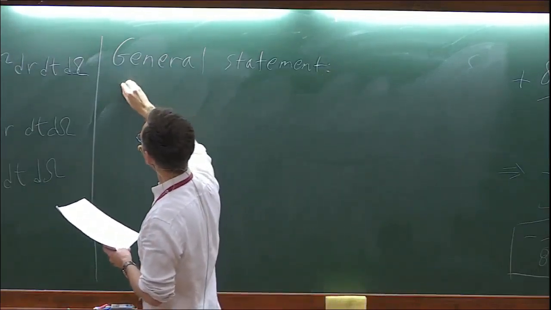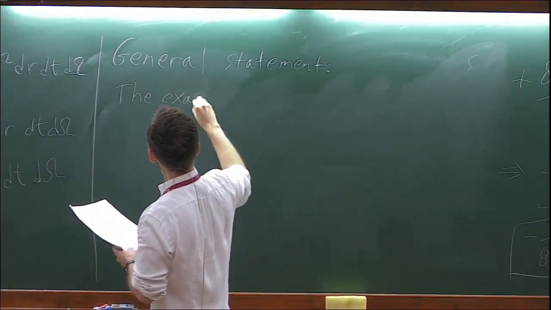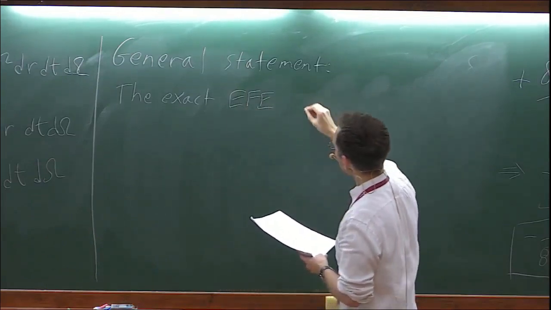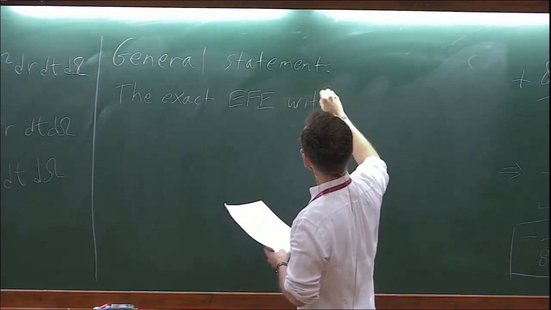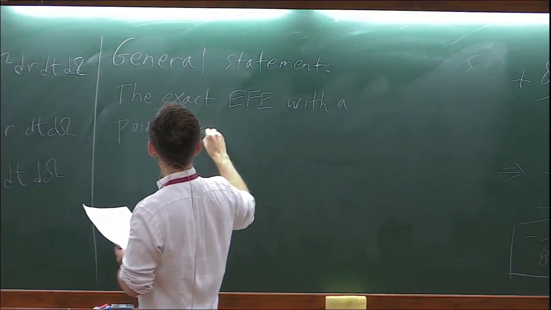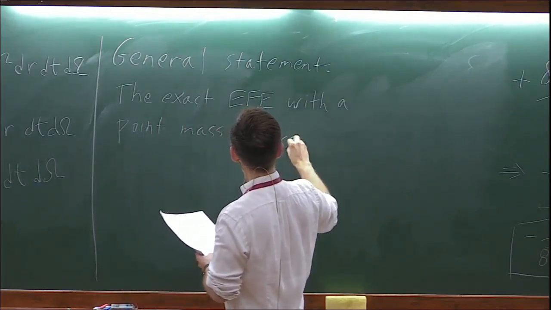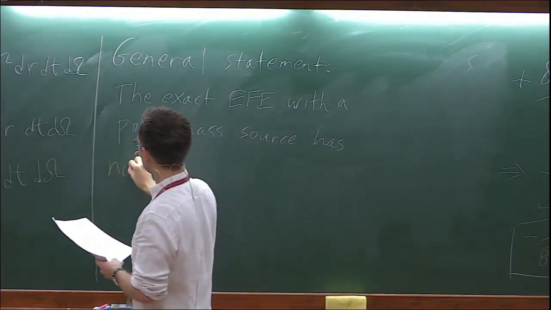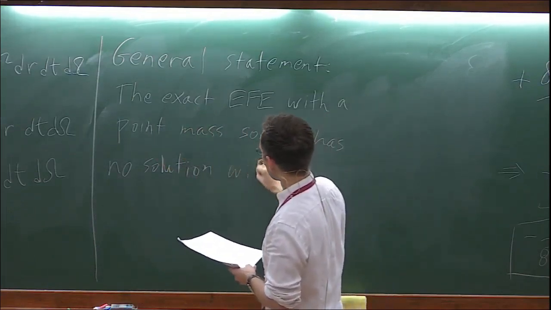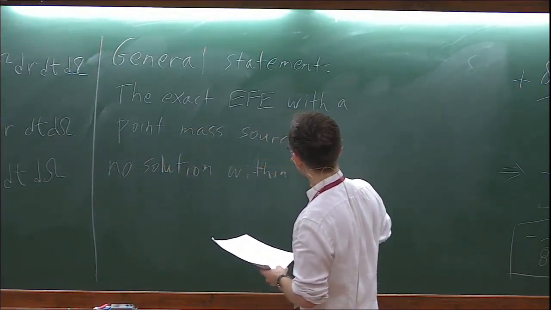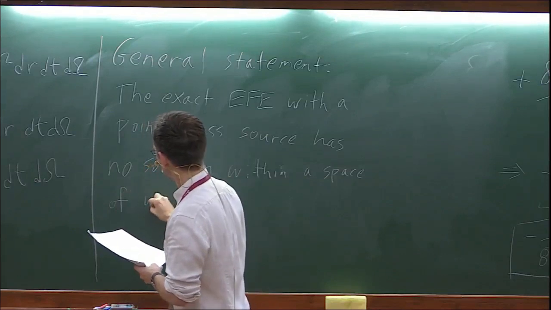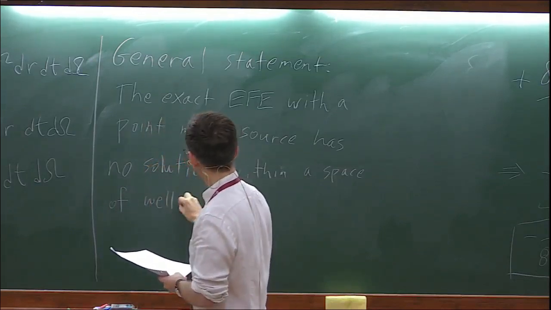That statement is that the exact, so fully nonlinear Einstein field equation with a point particle source, or a point mass source, has no solution within a space of functions that are well-behaved in a suitable way. So within a space of well-behaved functions.